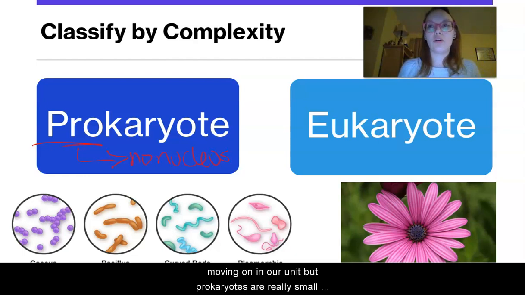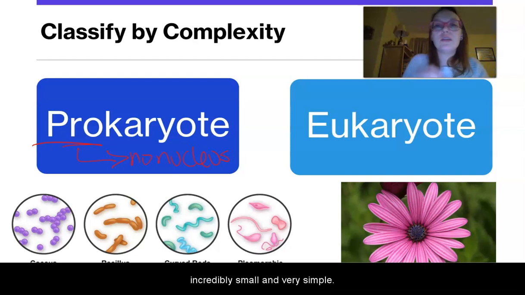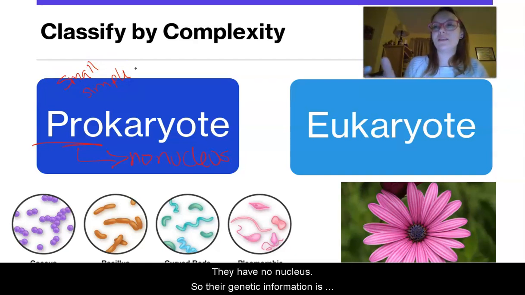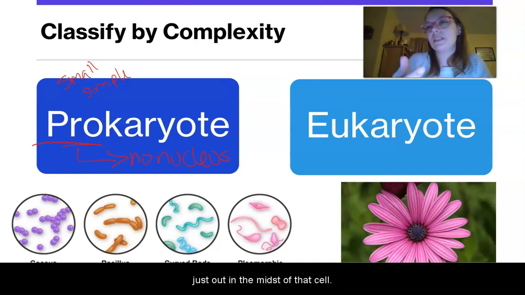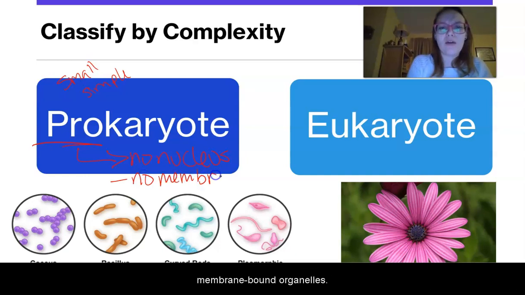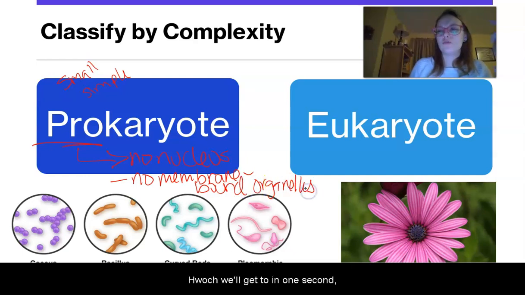Prokaryotes are really small, incredibly small, and very simple. And they have no nucleus. So their genetic information is just out in the midst of that cell. There's no protective barrier. And because they're so simple, they also have no membrane-bound organelles, which we'll get to in a second.